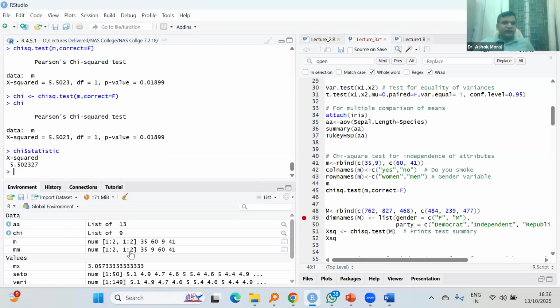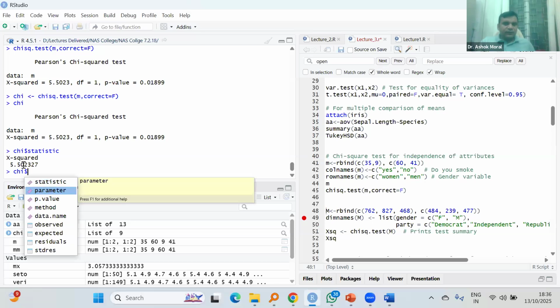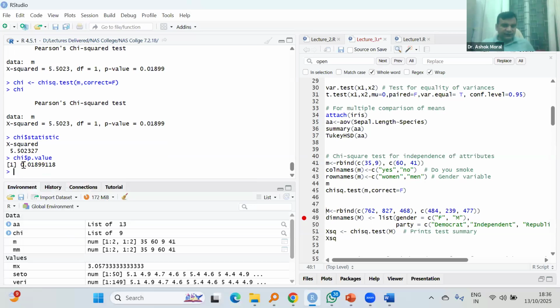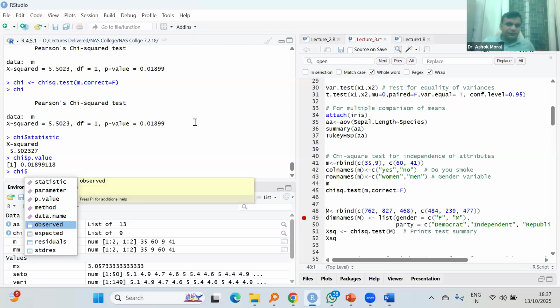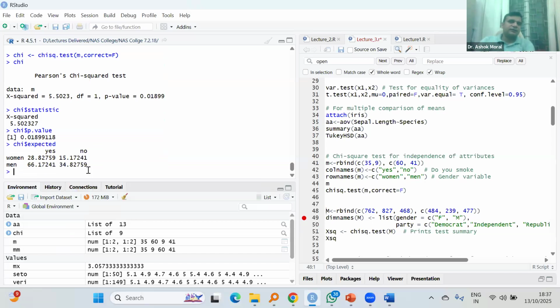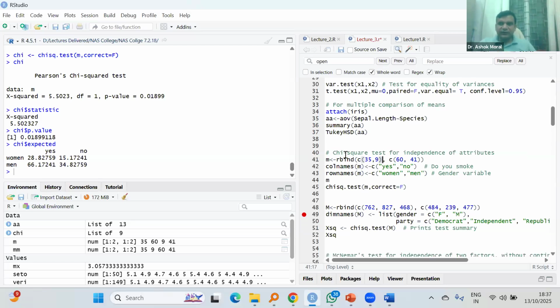Statistic only, so it will print the statistic, this one, 5.5023. chi dollar p value, then it will give you the p value only, 0.0189. chi dollar observed, then it will give the observed. Expected, these are the expected values. Is it clear?